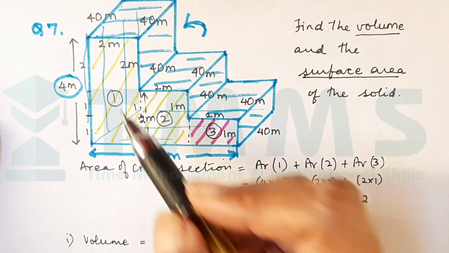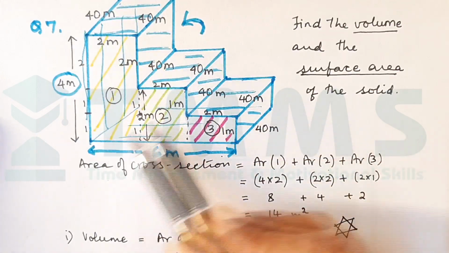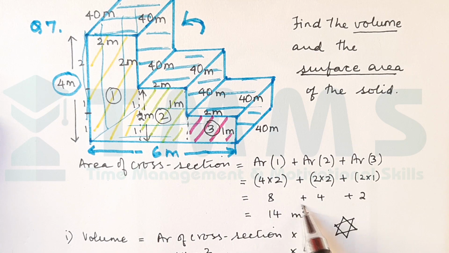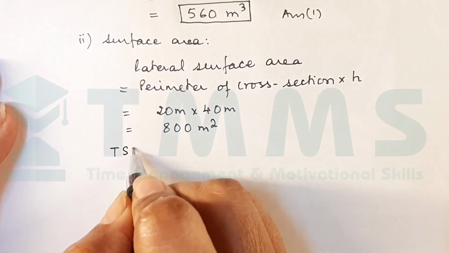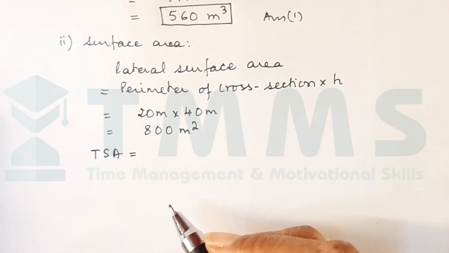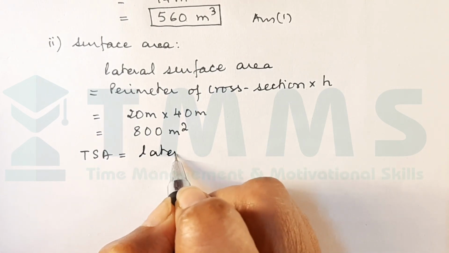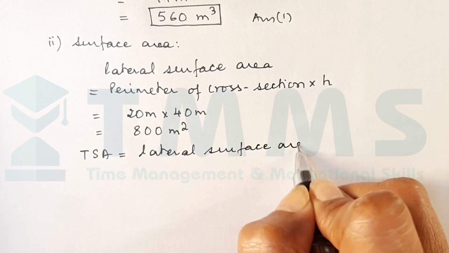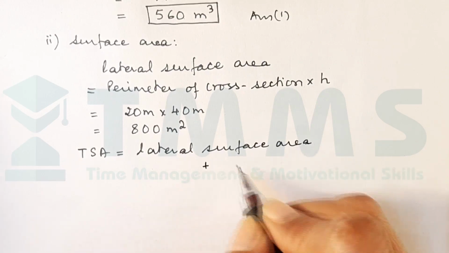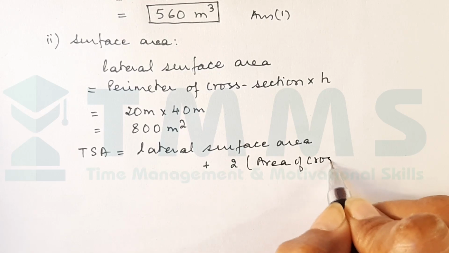Now we need to look at the area of cross section. Area of cross section we already finished adding 1, 2, 3. How much is that? 14 meter square. And so we are going to say the total surface area, I'll write TSA. TSA is total surface area, will be equal to lateral surface area plus 2 into area of cross section.